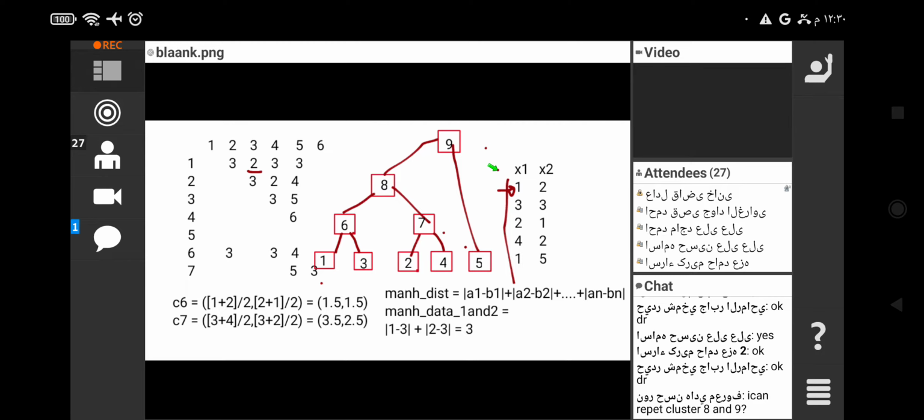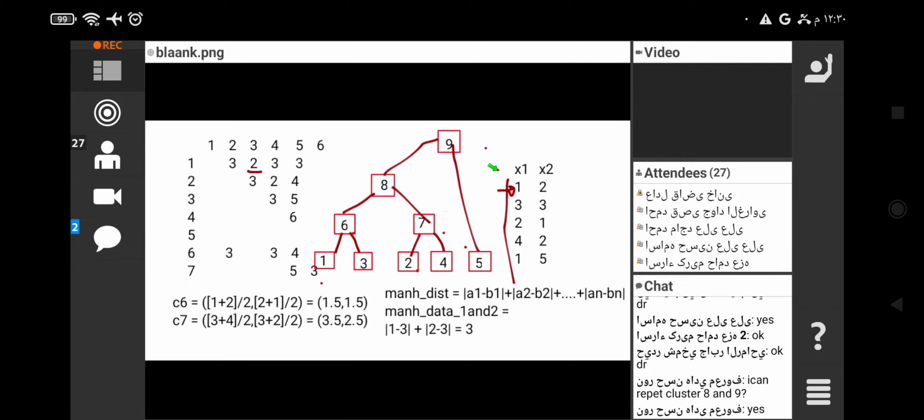Cluster 8 and 9. Okay, we found the distance between cluster 7 and 6 and 5. We see that for cluster 7 and 6, the distance is 3. This is the nearest cluster, 7 and 6. So we combine 7 and 6 into cluster 8, and then we have two clusters left, 8 and 5.